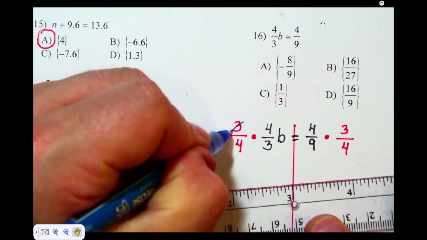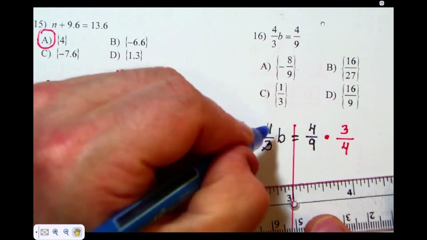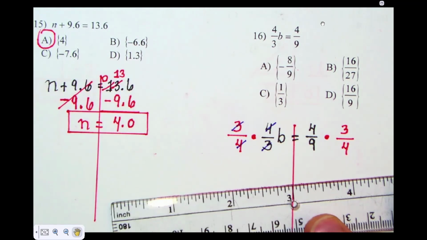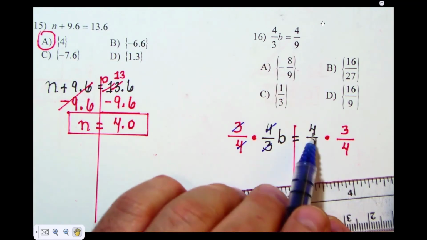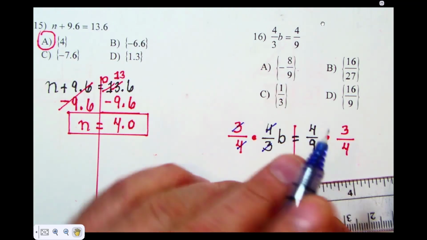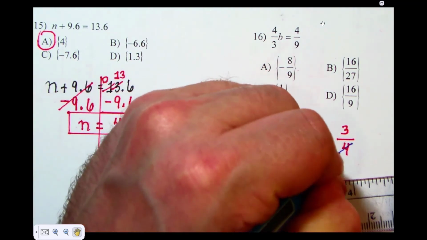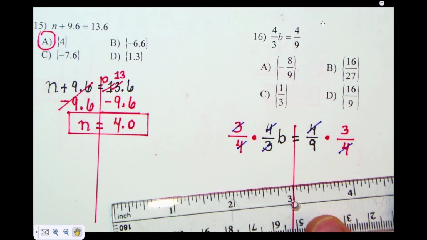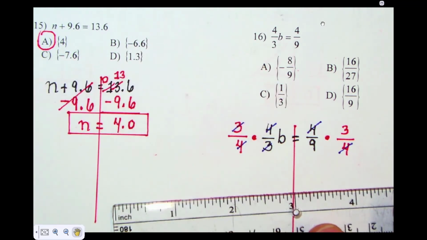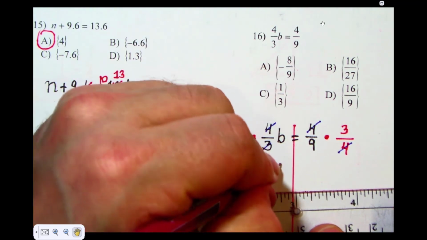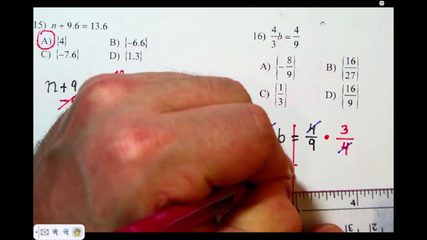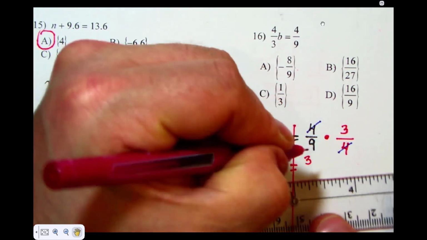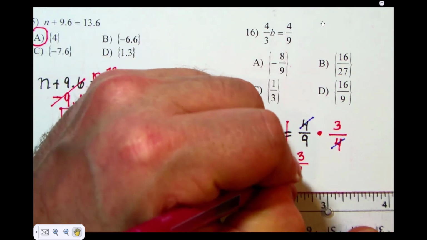The 3's cancel here. Look at this. The 4's cancel here. Amazing. Now look over here. These 4's cancel like this. So that's lovely. Well, now we have B equals 3 over 9.